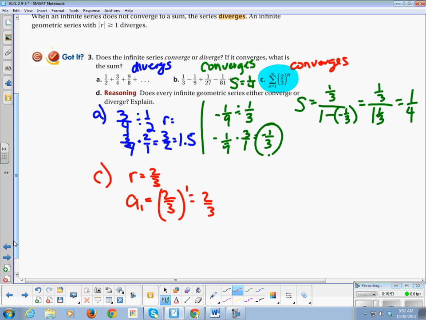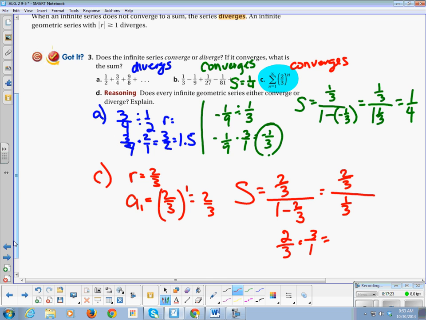Yeah, it's got a lot of 2/3 running around here. So the sum is the first term over 1 minus the common ratio. 1 minus 2/3 is like 3/3 minus 2/3, which is 1/3. Dividing by a fraction is the same as multiplying by its reciprocal. And we get that the sum is equal to 2.